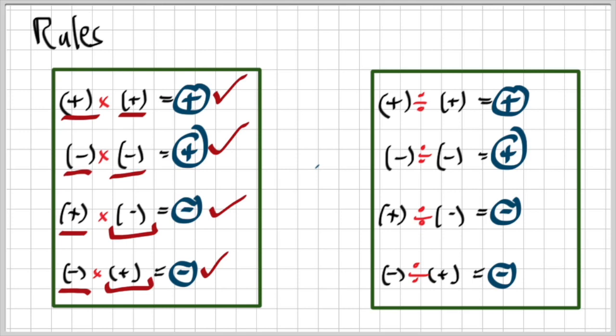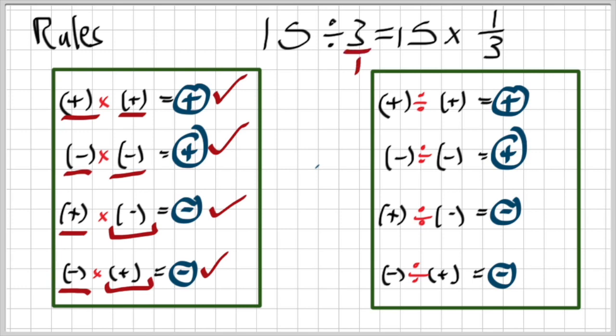But remember, if I tell you 15 divided by 3, it is exactly the same as 15 times by 1/3, because 3 is 3 over 1. If I want to make the divide into a times, then I reciprocate. So I flip around. That's just a beautiful word for it, reciprocate.